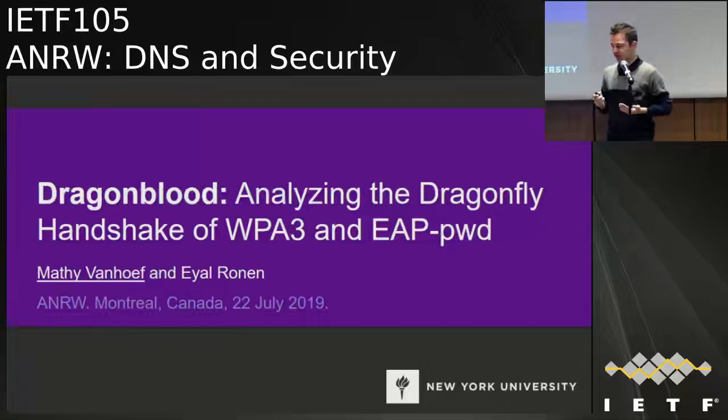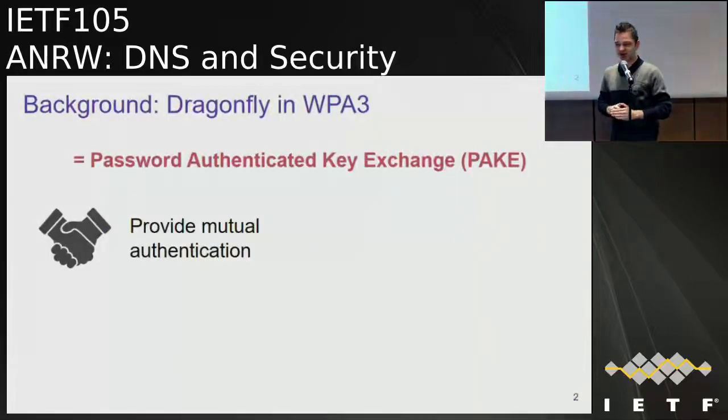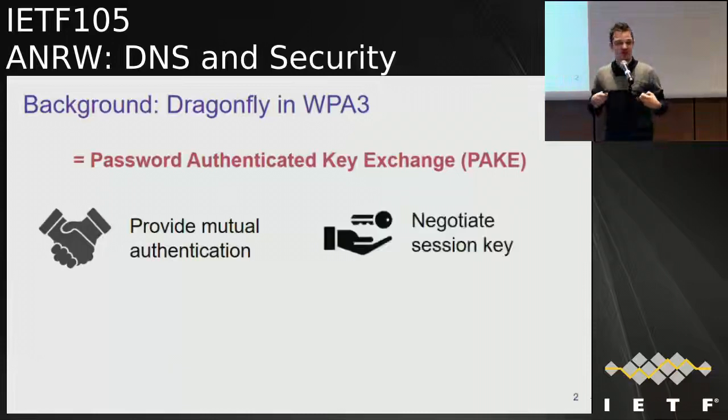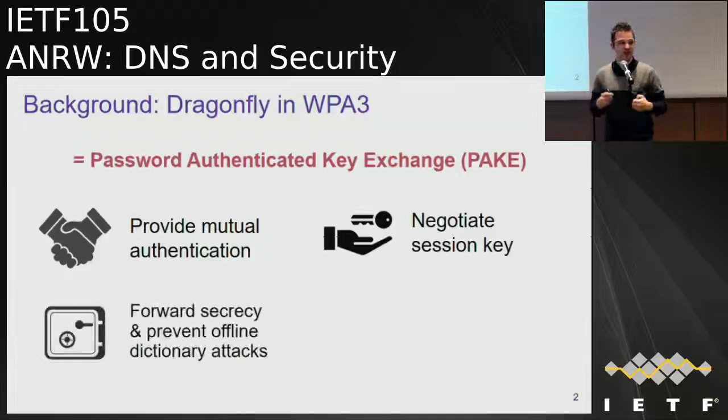So to give a very quick background, Dragonfly is a password authenticated key exchange, which means it provides mutual authentication. It negotiates a session key, which you can, after the handshake, use to encrypt actual communications. And more importantly, it is a handshake that provides forward secrecy and it defends against dictionary attacks.